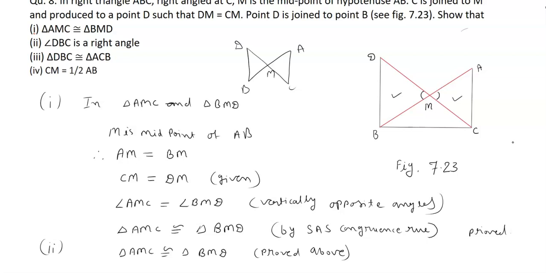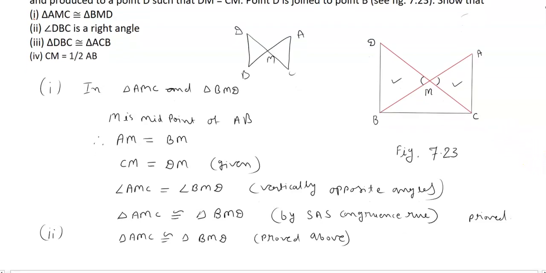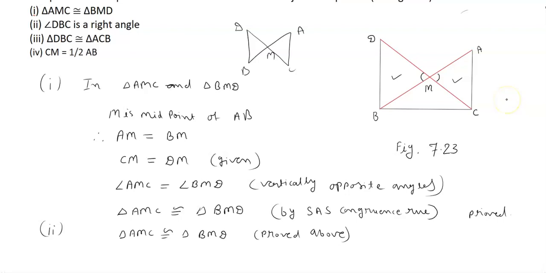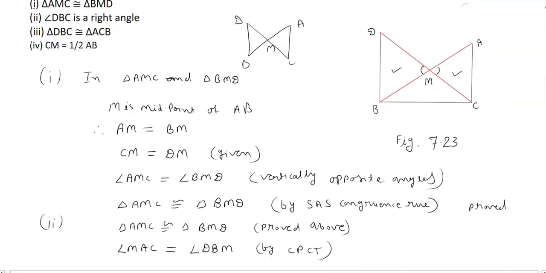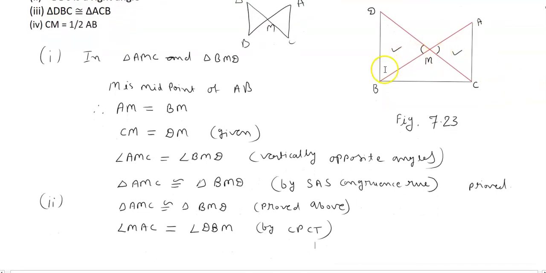By CPCT, angle MAC is equal to angle DBM, by corresponding parts of congruent triangles. So angle DBM is equal to angle MAC.